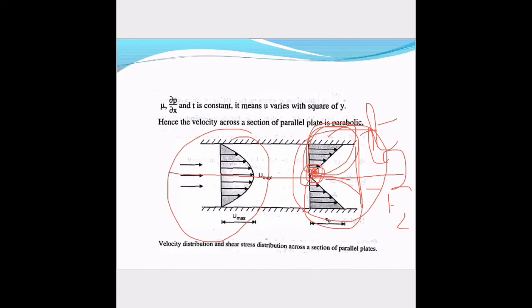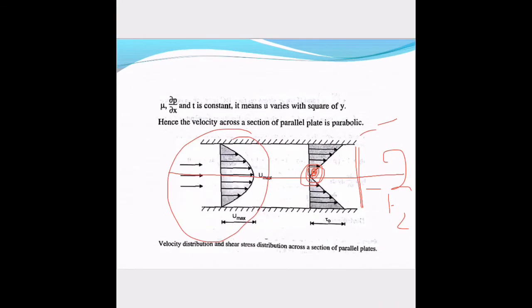If y equal to 0, then the shear stress will be maximum. That means it will occur near the two solid parallel fixed boundaries.